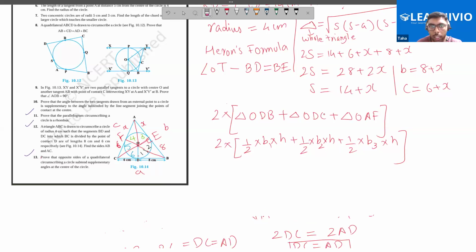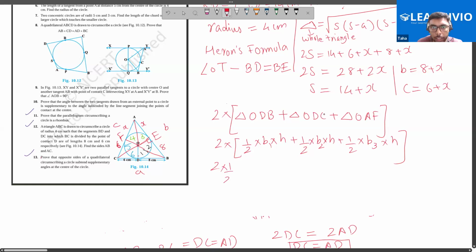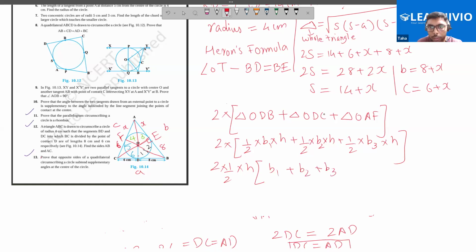So we can take out 1 by 2 and H as common from all of them. So we'll be left with B1 plus B2 plus B3, right? The first base we can take as 8 centimeters, ODB, and the second base we can take as ODC, which is 6 centimeters.